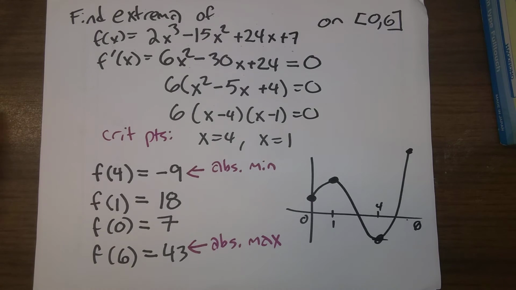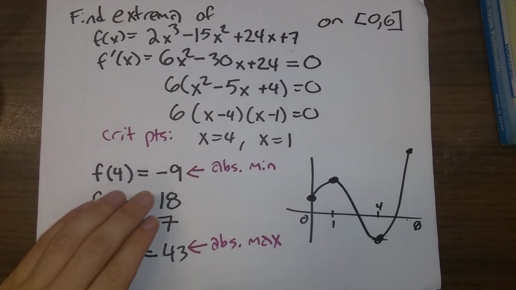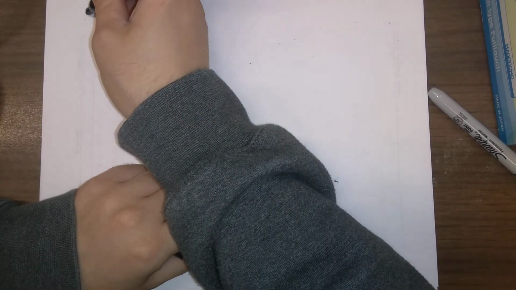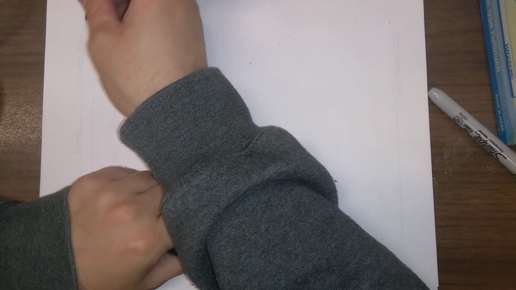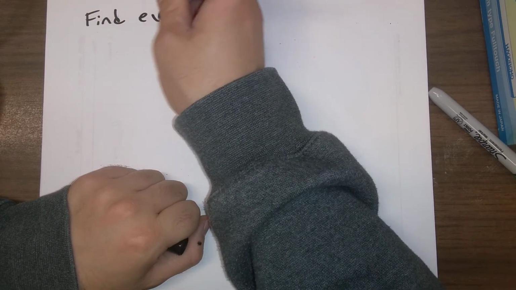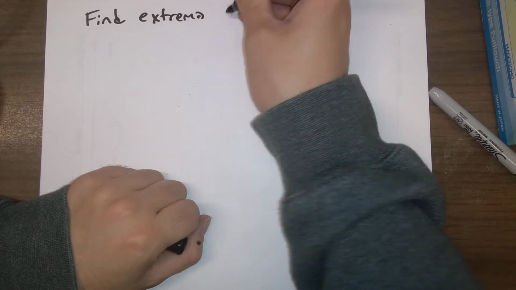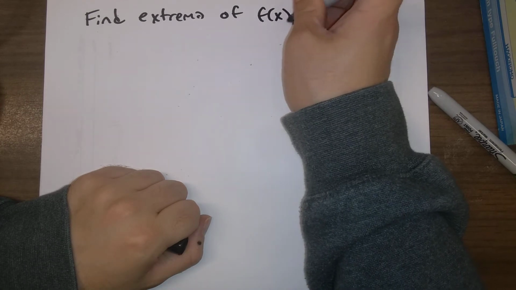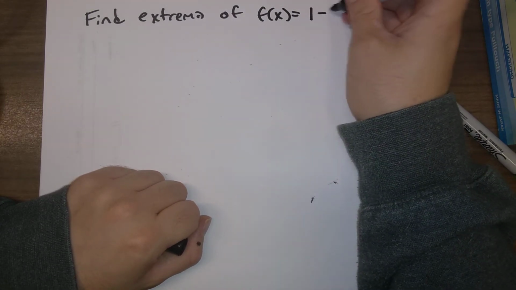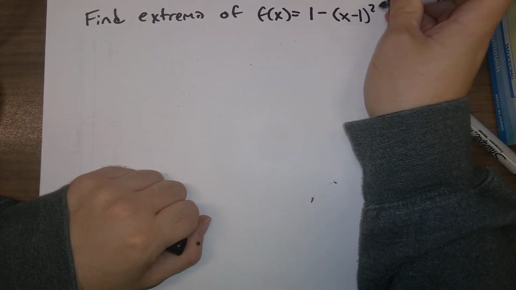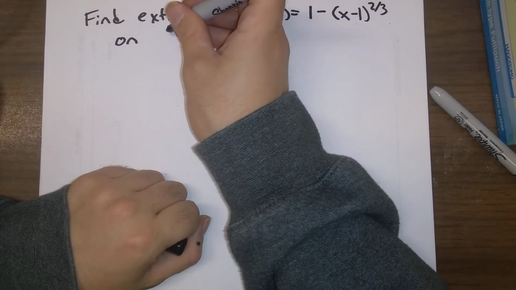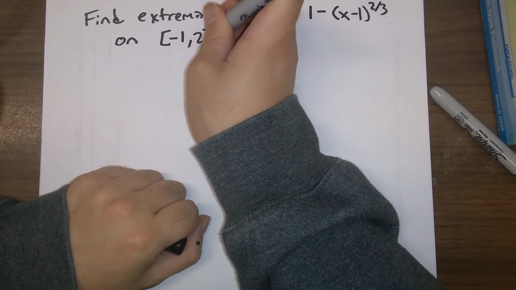So that's one example. Let's do an example where some of our critical points might be undefined. Let's suppose that we want to find extrema of f(x) = 1 - (x - 1)^(2/3) on the interval -1 to 2.